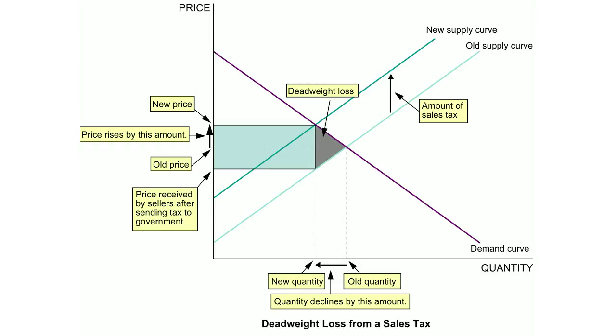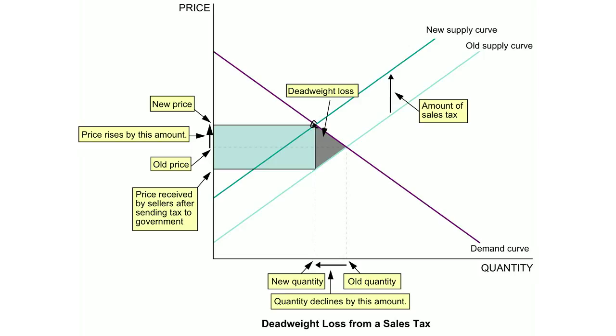Now we consider the tax, and the tax is represented by the arrow that moves up in the picture. The marginal cost curve, the supply curve, rises by that amount. And so we now have a new equilibrium, at the point where there's a higher price and a smaller quantity produced.